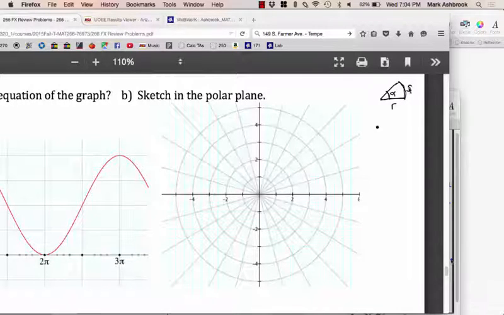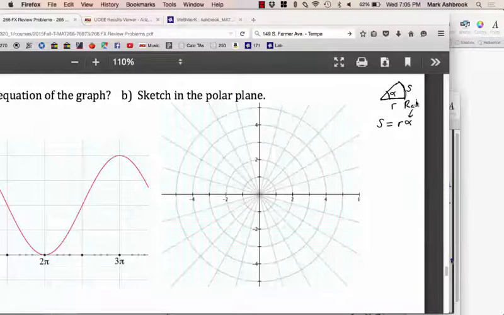How do we calculate that arc length? If alpha is in radian measure, then that arc length is simply r times alpha. Alpha has to be in radians. Okay, so that's a little setup that we're going to need here in a second.